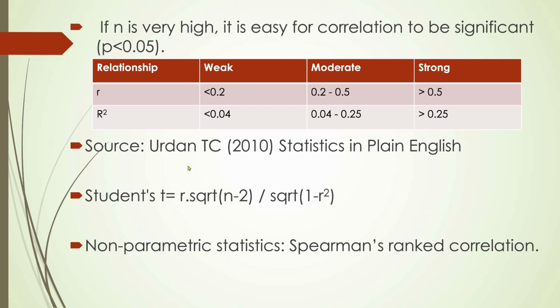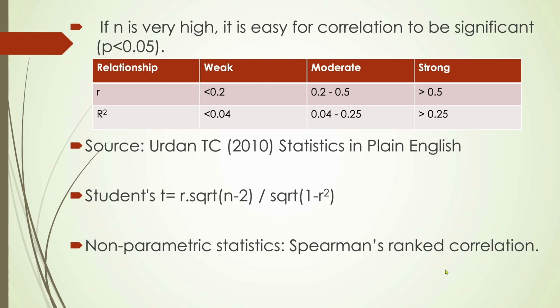The source of this table is from Pearson. Once you have determined the R and the R squared, you can use this equation to determine the student's t value. And then from the student's t distribution, you will be able to find your probability. Finally, the non-parametric statistics equivalent to Pearson correlation is the Spearman's ranked correlation.